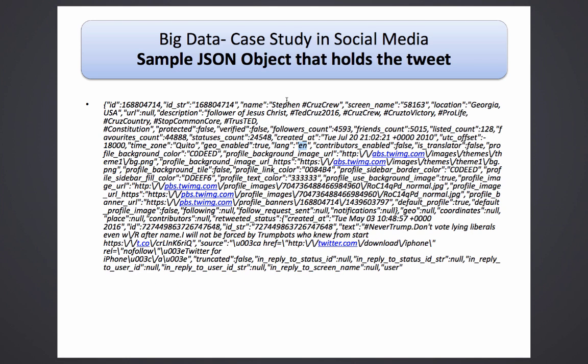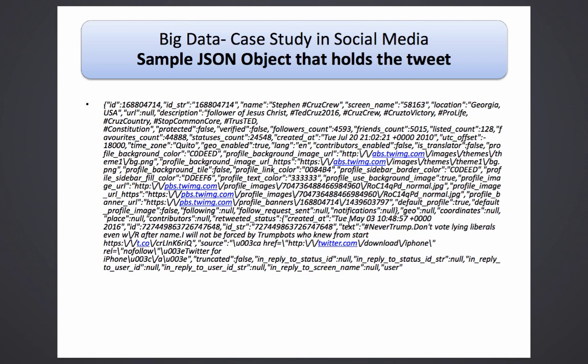Just to show you an example of a sample JSON object that holds a tweet, this is the user ID that is tweeting. This is the name, and then the location and the country, and then this is all his profile details, and then we should also have a language, LANG. So this is basically all key-value pairs that come out from that tweet.